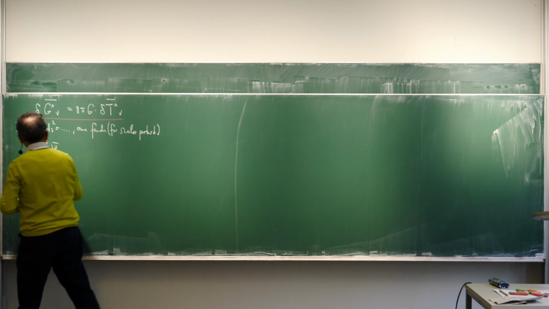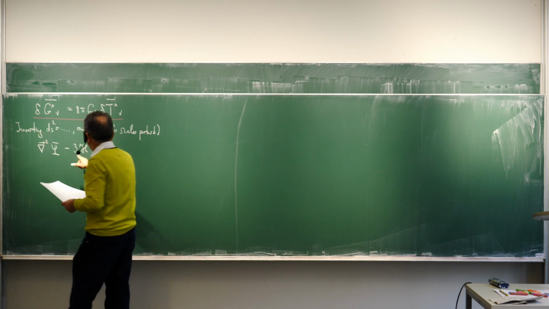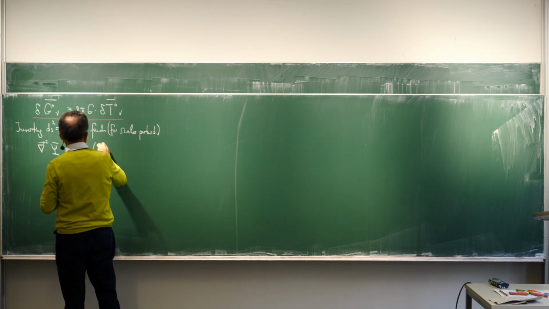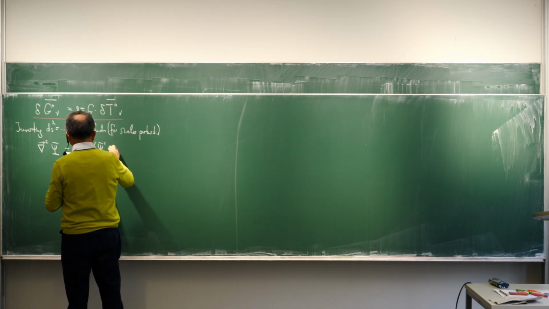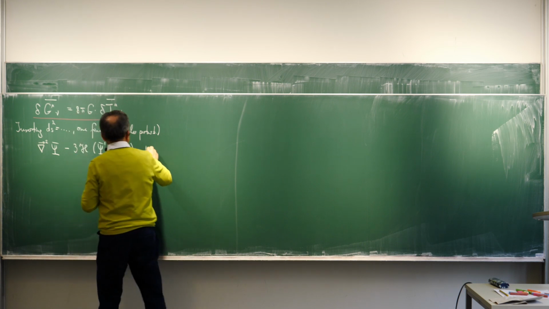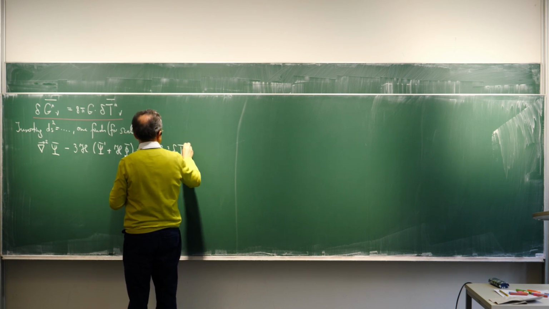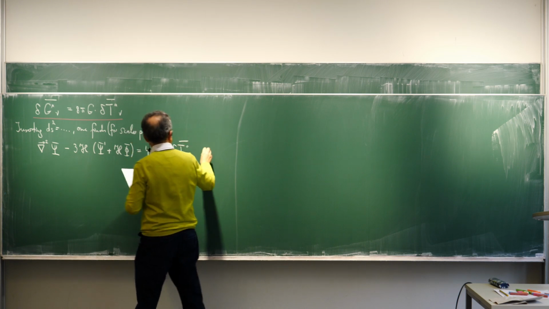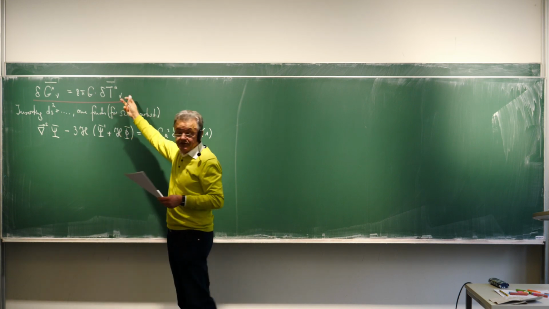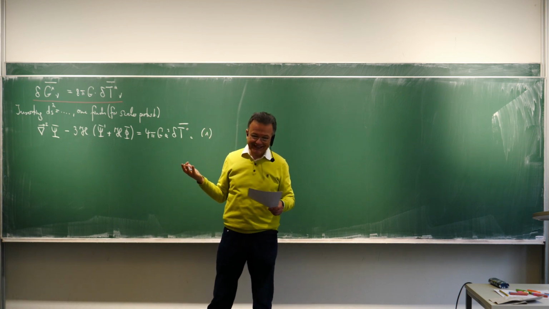So you have here Laplace capital Psi minus 3 curled H, the dimensionless Hubble parameter, which is a prime over a, times Psi prime plus H Phi, so the other potential, is 4 pi G a squared times delta T 0 0 bar. Now, let me call this equation 1, which comes from the 0 0 component, obviously. So generalizing Poisson's equation, if you like.